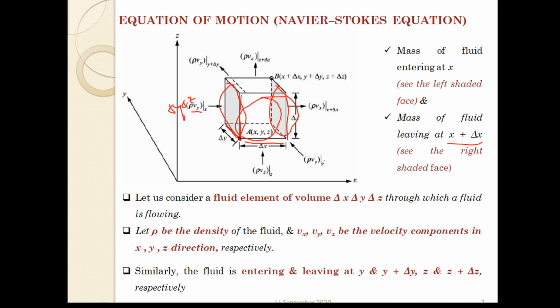So the momentum coming in through this del x del z face will be del x del z rho vy into vx at y, which is the total momentum coming in through this y face. The x momentum going out of the control volume through the opposite face is del x del z rho vy vx at y plus delta y.